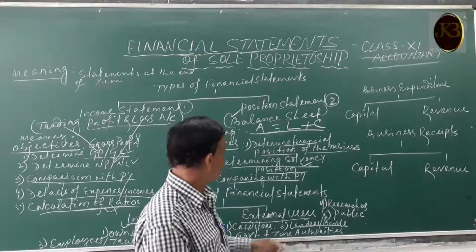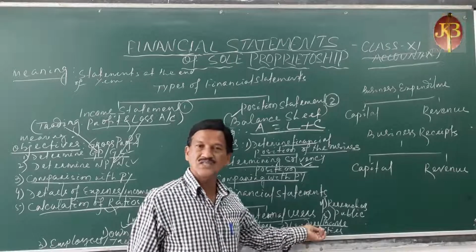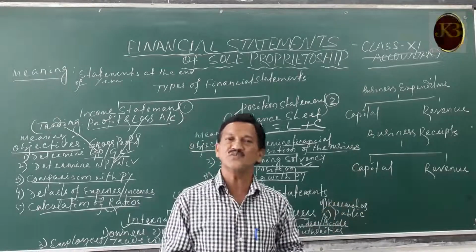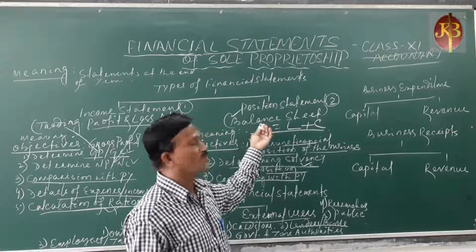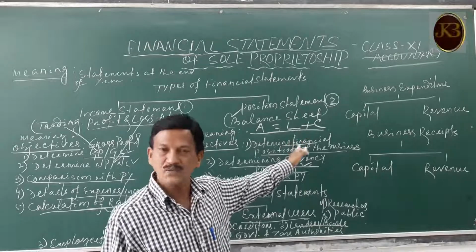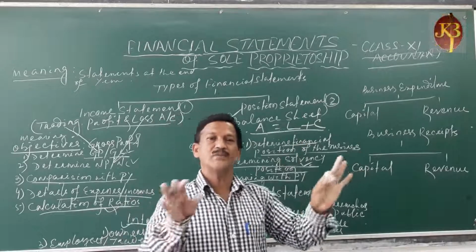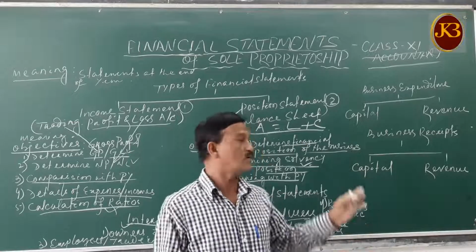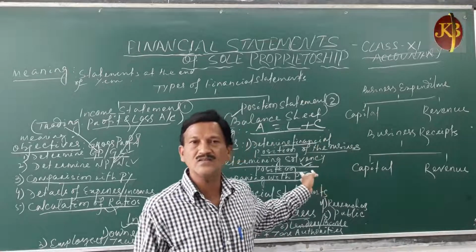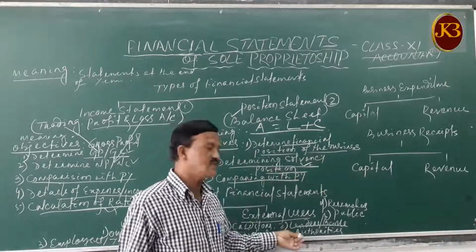When they borrow funds from outside sources, certainly lenders will judge your financial statements and your long-term solvency position. They will compare your fixed assets with your long-term liabilities and your capital position, whether your capital is more or less, or whether valuable, profitable assets are there or not, and judge accordingly.